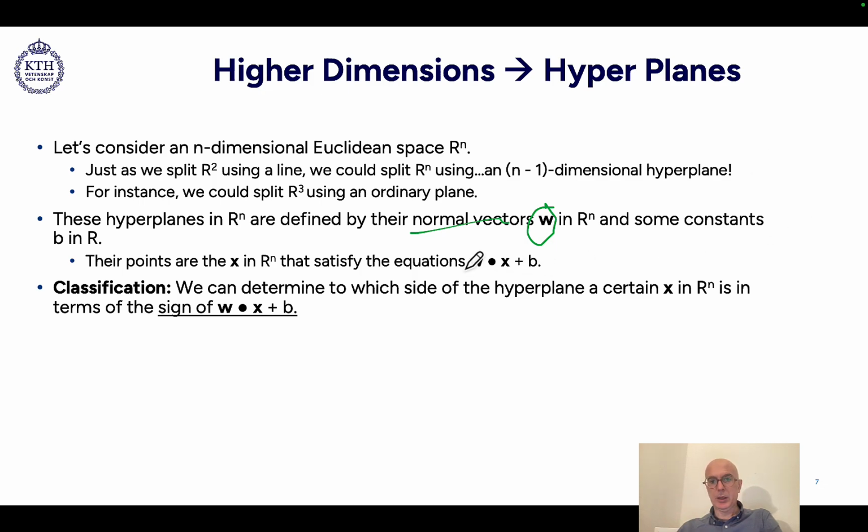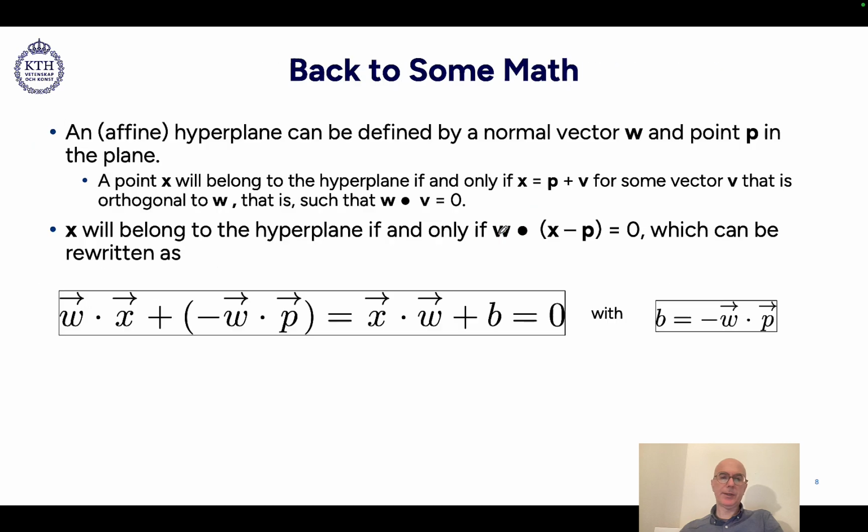We calculate w inner product x, where x is a given point, plus b, to tell to which class our point x belongs. So our classification task is just to determine which side of the hyperplane it is on by computing this inner product plus the constant b.